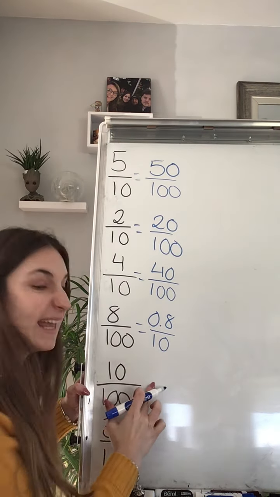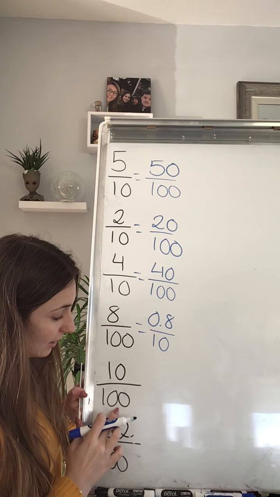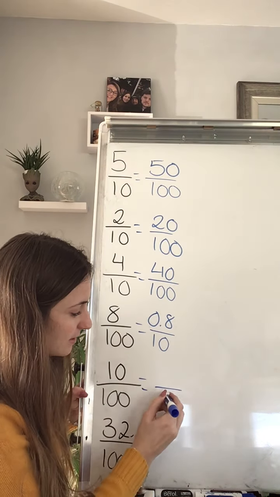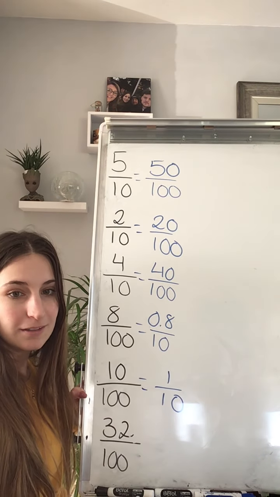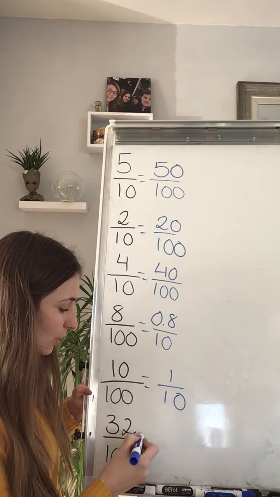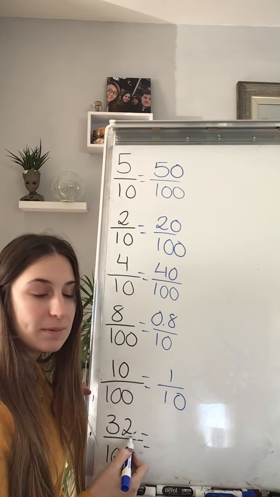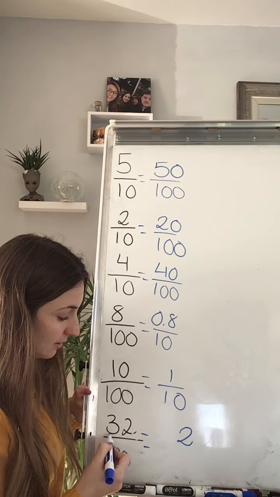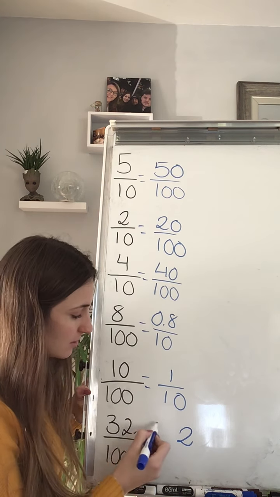Then I have here 10 hundredths, easy because I have 2 digits. I know that 100 divided by 10 is 10, and 10 divided by 10 is 1. Okay? And my last one, you have 32. Well, I know that my 2 ones now will be 2 tenths, and my 3 tenths now will be 3 ones.